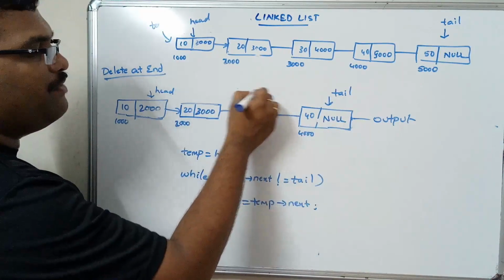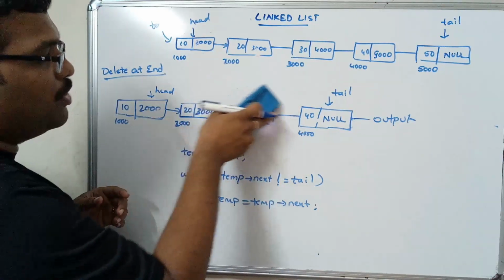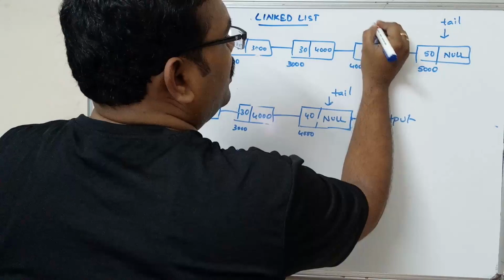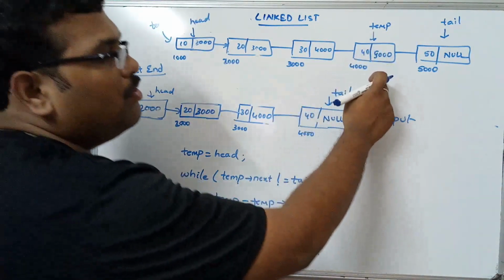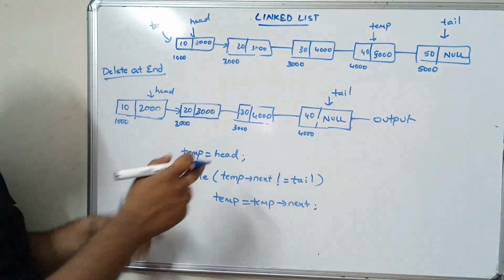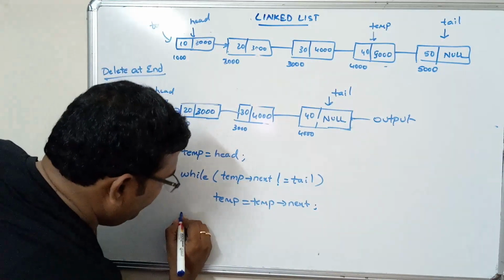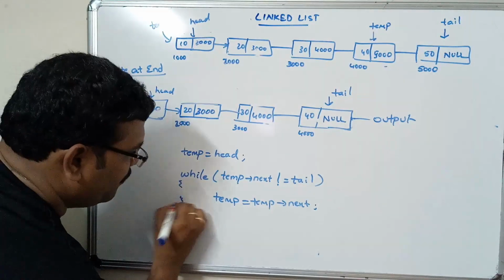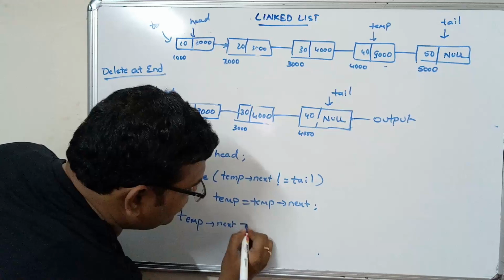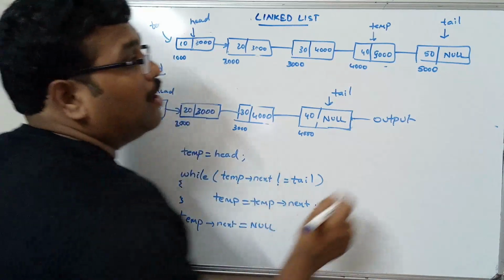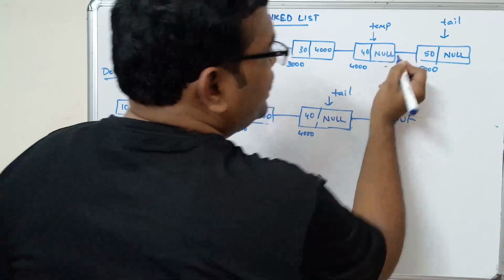So the temporary will be here itself, right? Sorry, here the temp will be here, right? So now simply place the temp here, so it ends the loop, right? Now place temp of next is equal to null. Automatically here, instead of writing 5000, we are just replacing it as null.